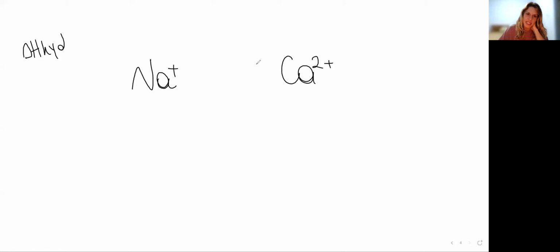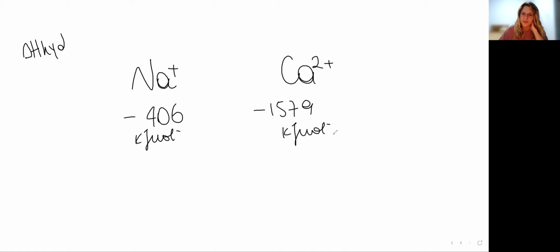Let's say this one is minus 406 kilojoules per mole, and the calcium one is minus 1579 kilojoules per mole. Okay, can you try to explain the difference between the enthalpy of hydration of these ions? Think about what would make it different. Why is there a different energy involved?